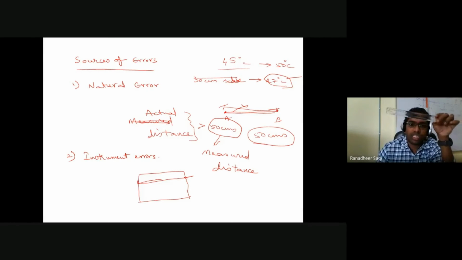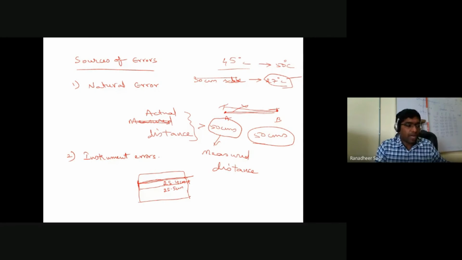So say for example, from this point to this division, the length is something like 25.4 centimeter, whereas from this end to this next division, it is 25.5 centimeter.